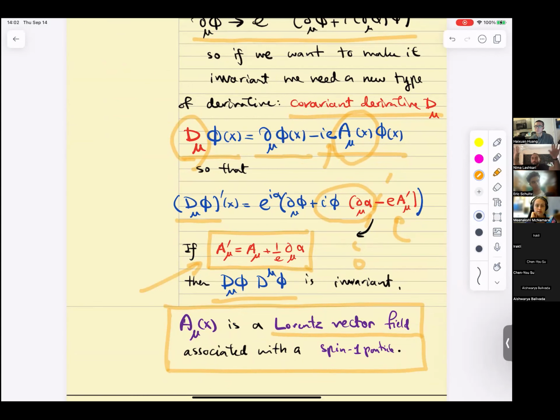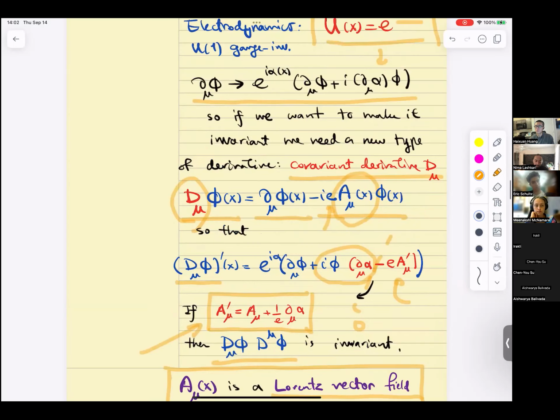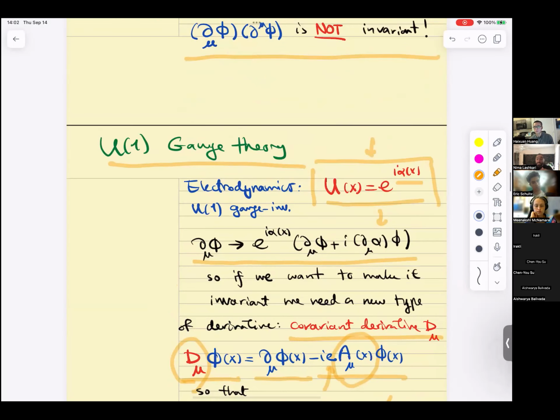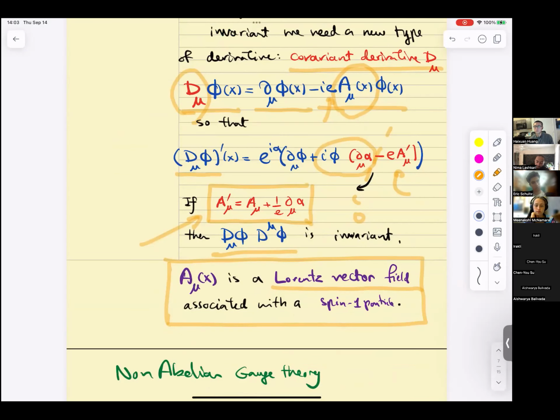No photons at all. Then we demanded the theory had U1 symmetry. We demanded that the symmetry is local. And then we learned that that comes at the cost of introducing a new vector field. We were forced to introduce a new vector field to arrange for this local symmetry.